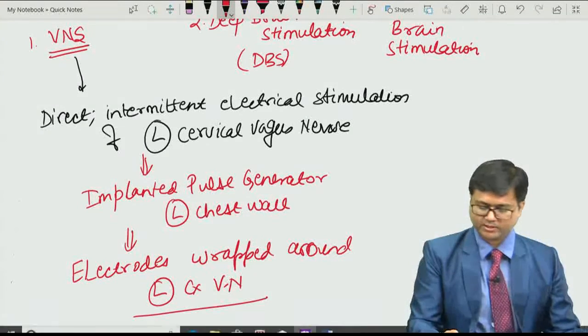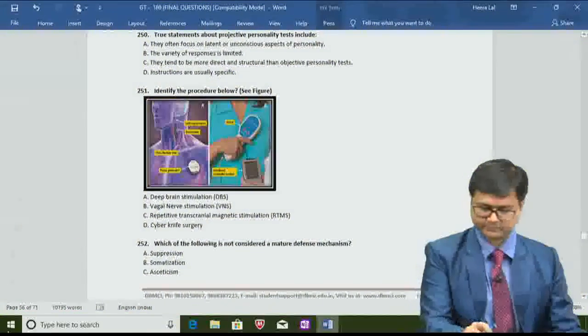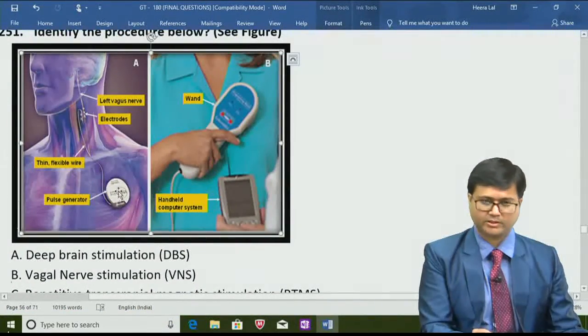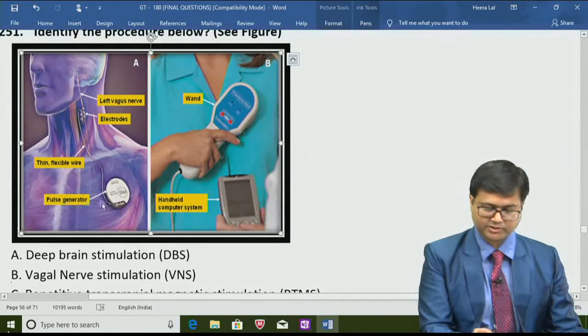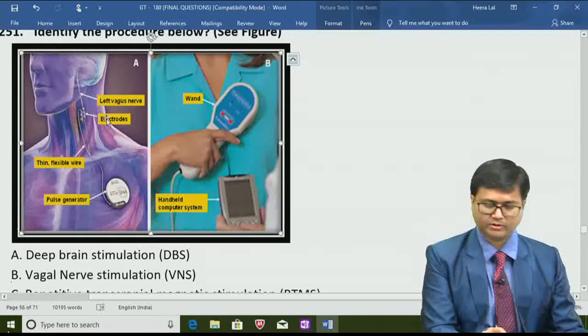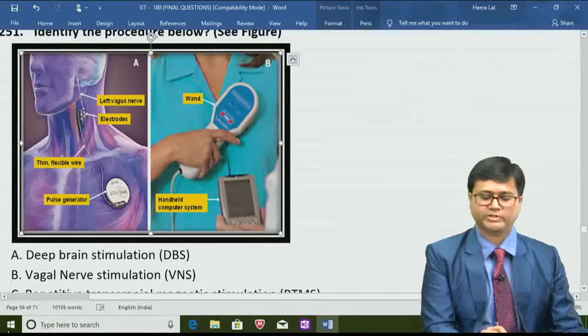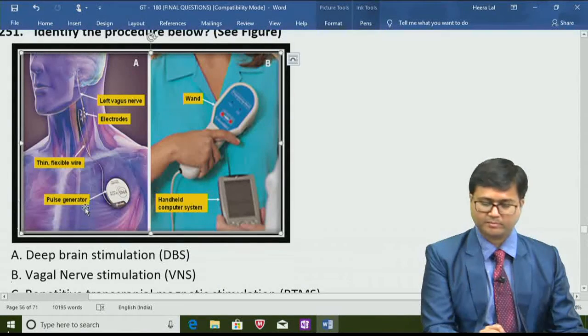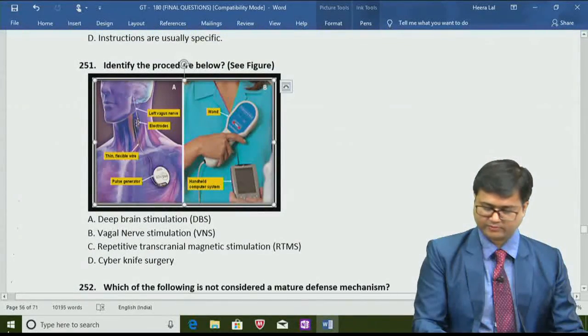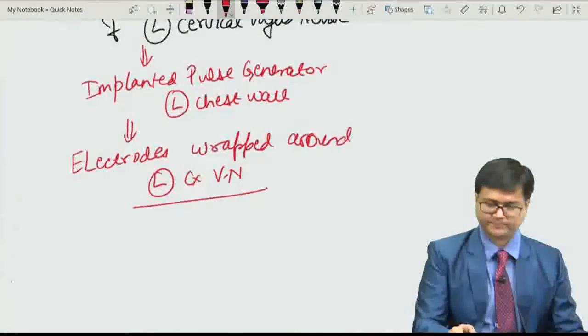So as seen in the picture, there is a pulse generator on the chest wall and there are electrodes around the left vagus nerve which is stimulated with the help of the pulse generator. Now let us discuss further about this.